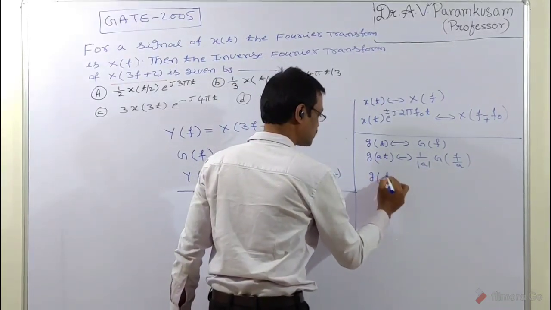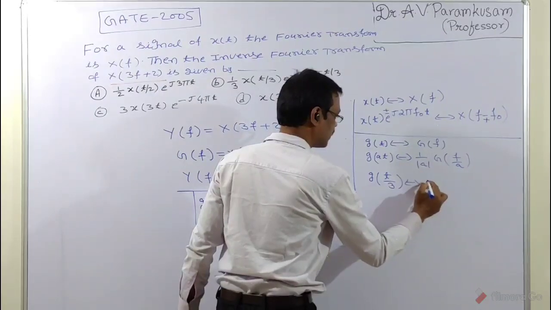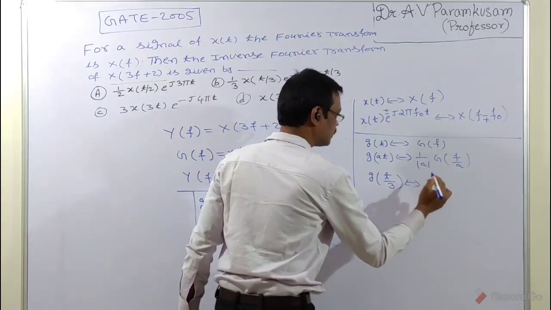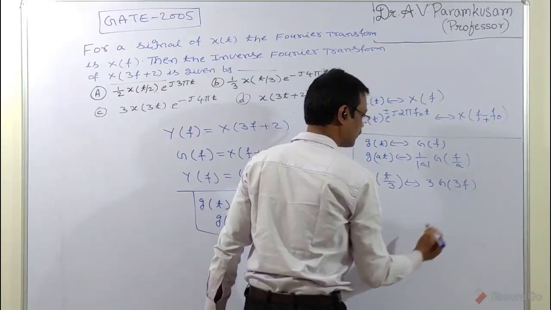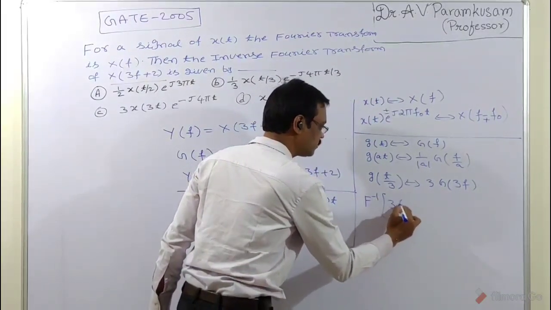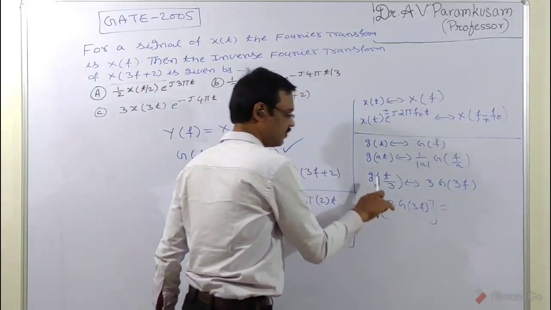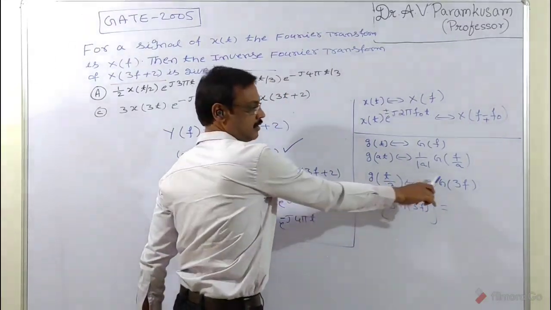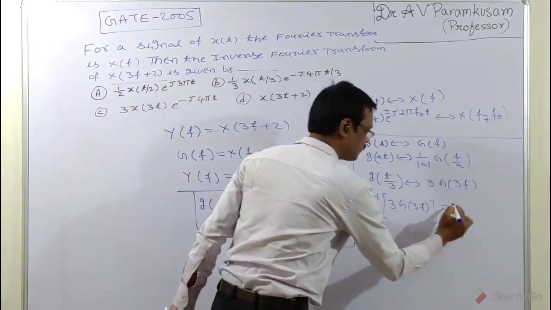Then the Fourier transform of g of t by 3 is equal to 1 by mod a, that is 3, into g of 3f. The inverse Fourier transform of 3 into g of 3f is equal to g of t by 3.